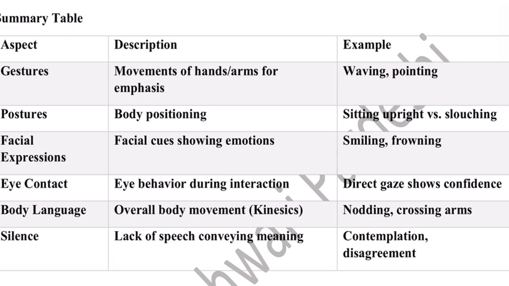Your eye behavior during interaction. For example, direct gaze shows confidence. For example, I am speaking about some topic among an audience of 100, 500 people, and I am not having proper eye contact. I am looking at the windows, at the floor, at the ceiling, at my hands, at some other place other than the audience.